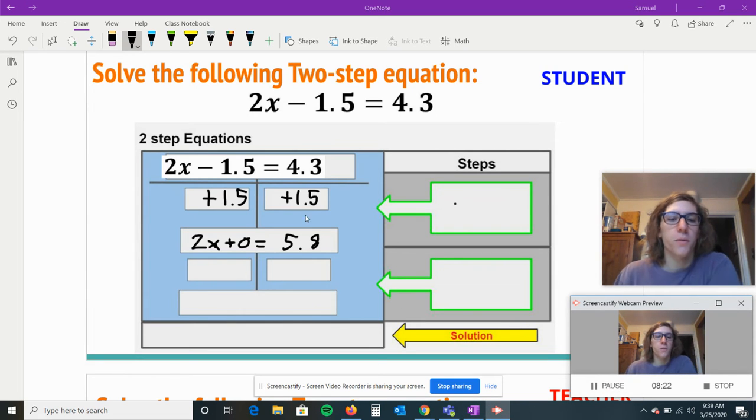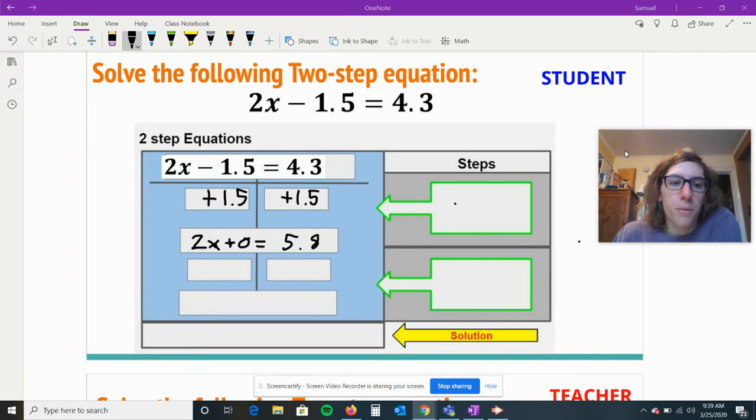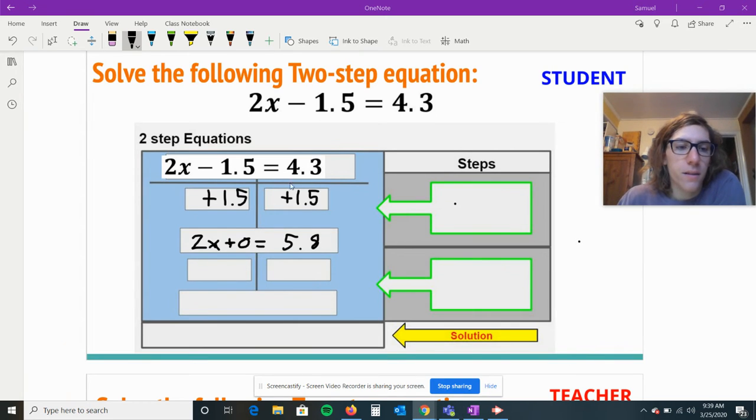All right, so looking at our equation here, I didn't do it all the way because I wanted you to see this last little bit. But here we have our equation, 2x minus 1.5 equals 4.3. If we want to get x by itself, isolate the variable, we're going to do the inverse operations.